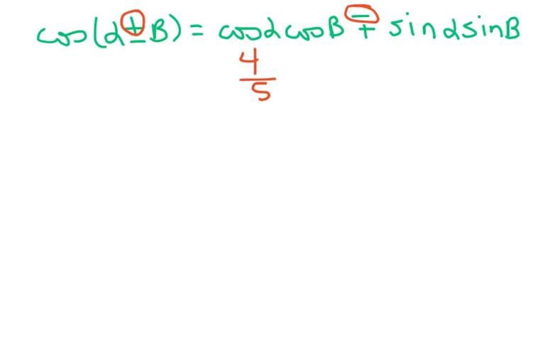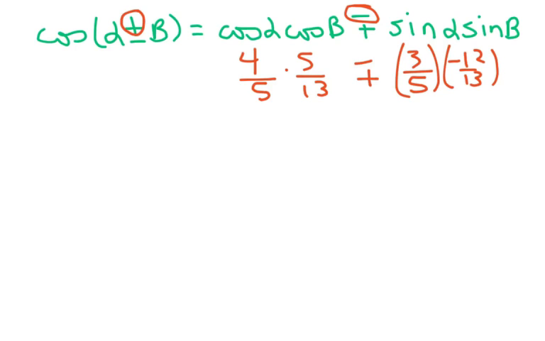Cosine of beta is 5 over 13. Minus plus sine of alpha is 3/5. And sine of beta is negative 12 over 13. Again, just make sure I don't subtract. So I have 20 over 65 minus plus negative 48 over 65.